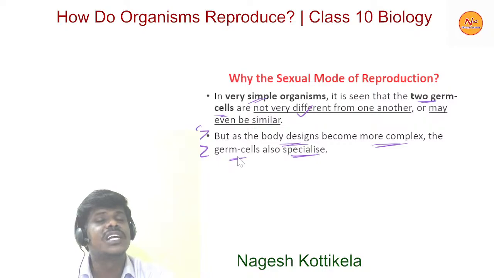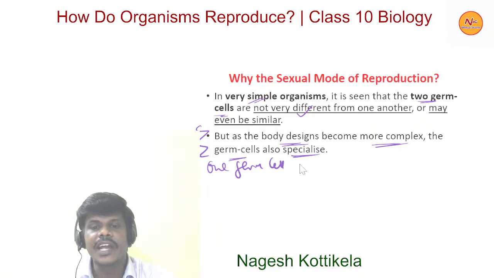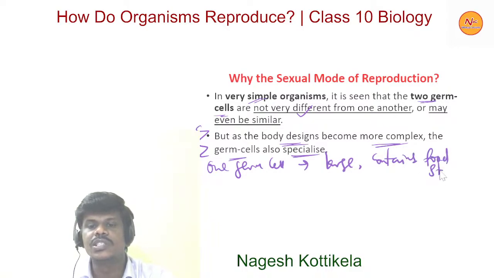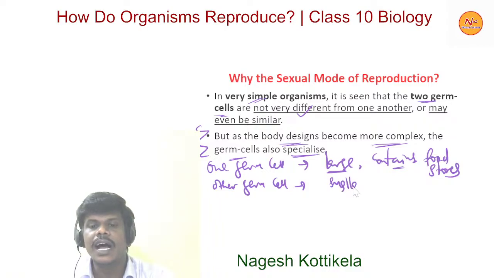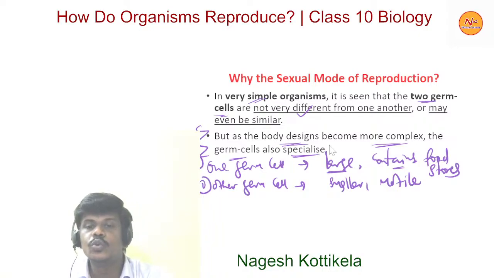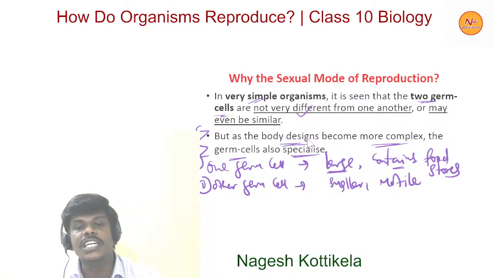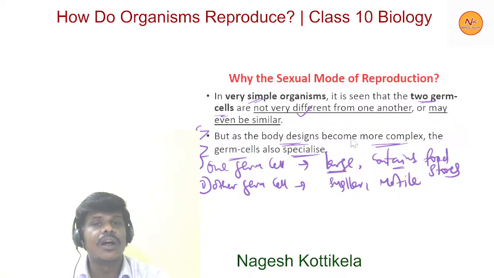One germ cell is large and it contains food stores, while the other germ cell is smaller and it is motile. So these are the differences between the two germ cells found in complex multicellular organisms.